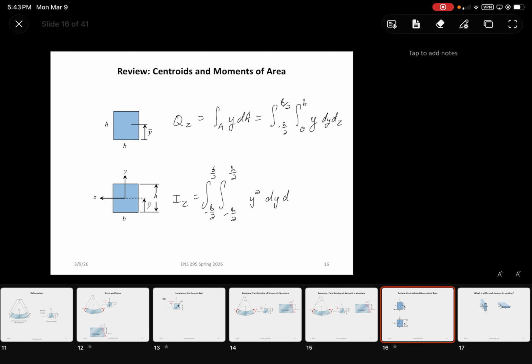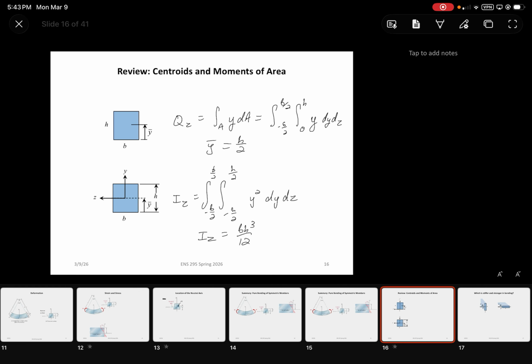When you're solving all of this, you should find that the y bar value comes out as h over 2, and then Iz is equal to bh cubed over 12. So they don't just come from a table. There's a mathematical meaning behind it. I could give you guys a cross-sectional area in terms of cosine if I wanted to be a real jerk. I don't think I'll do that.